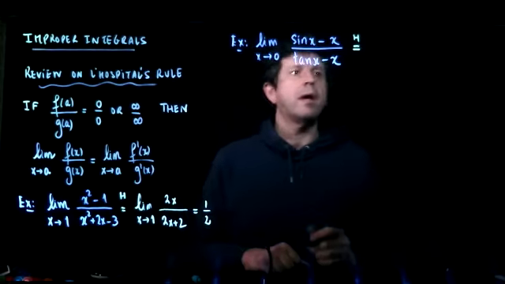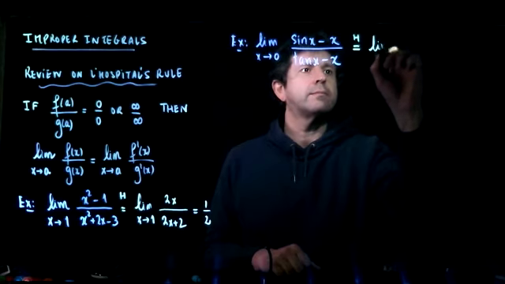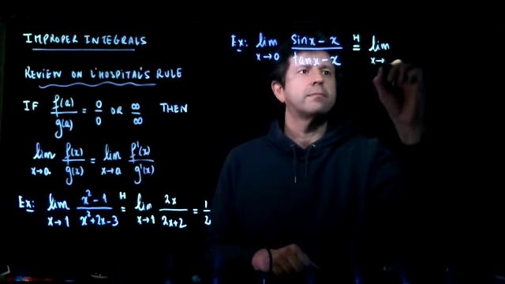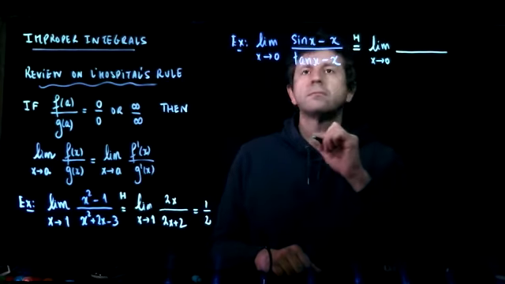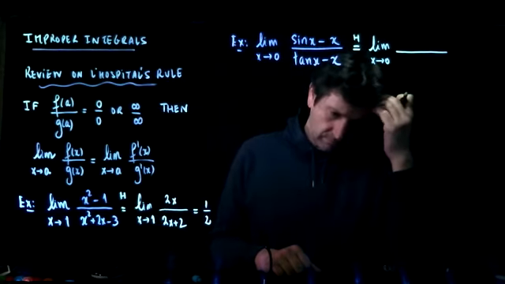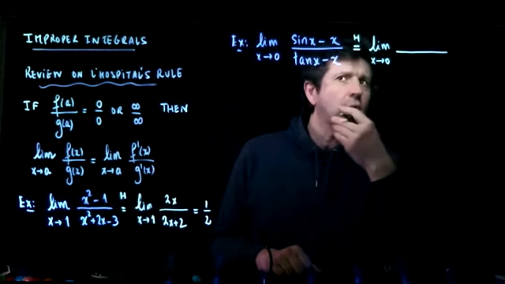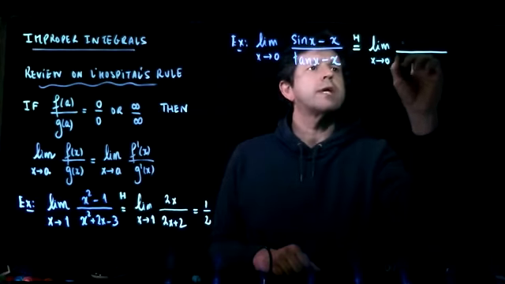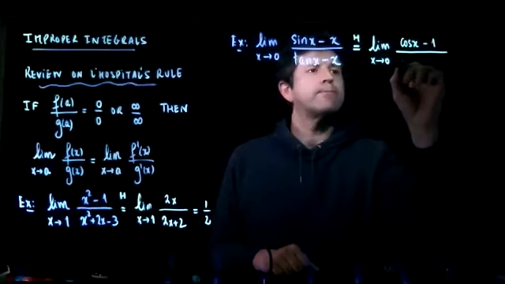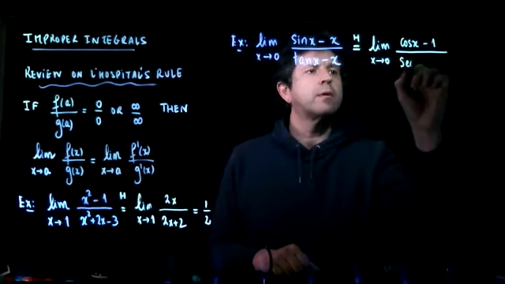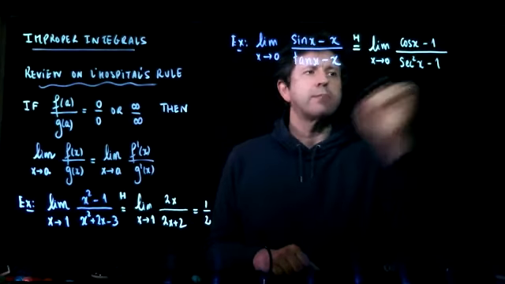Okay, and what do I get? Can you tell me? Cos x minus 1 over secant squared x minus 1, right?